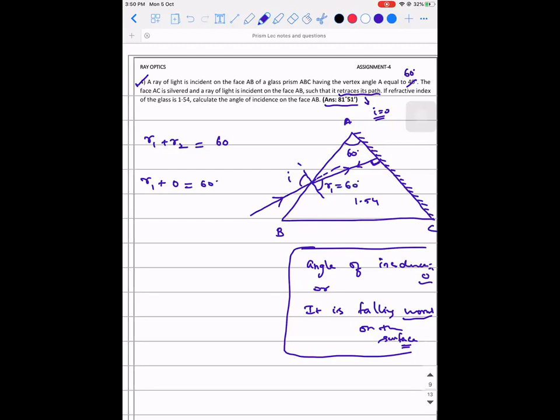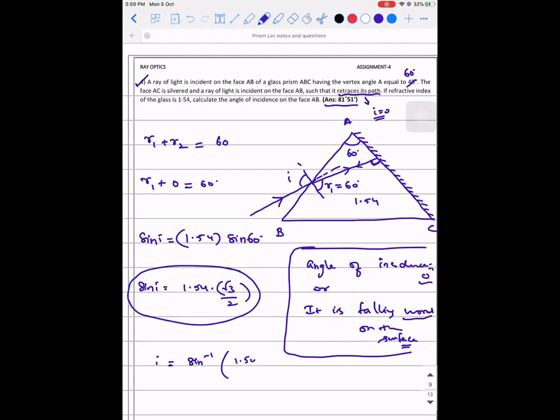Now is it easy for us to calculate? 1 into sin I is equal to 1.54 into sin 60. Accepted? So sin I is equal to 1.54 into root 3 divided by 2. It's difficult for us to find out unless we have a logbook. So I will be equal to sine inverse of 1.54 into root 3 divided by 2.